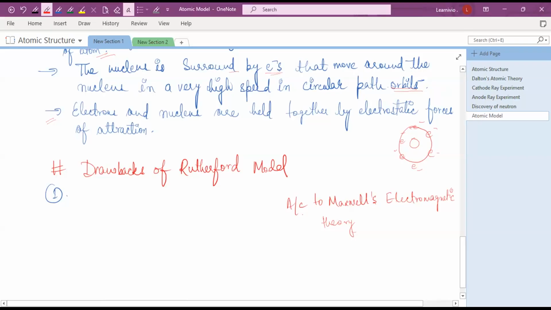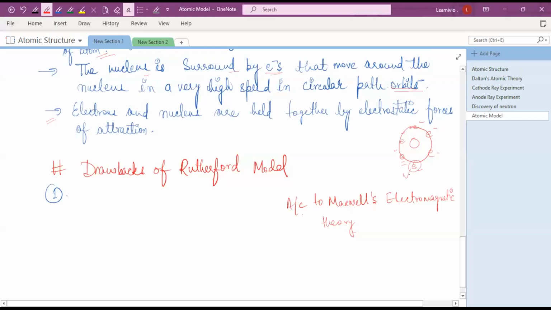According to Rutherford, the electron is moving along a circular orbit, so it must be accelerating, right? And according to Maxwell's electromagnetic theory, if a particle is in acceleration, it must emit some electromagnetic radiation. So the electron in an orbit will emit radiation.